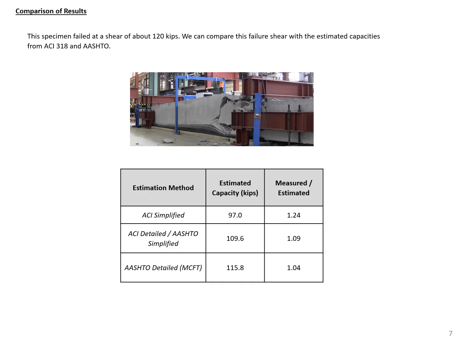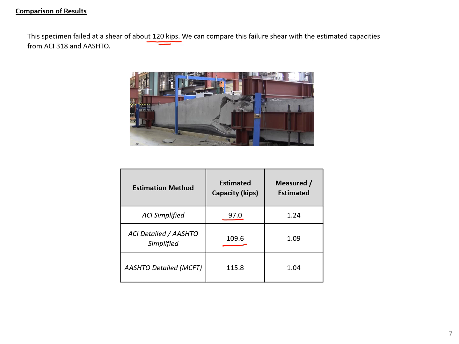We can then compare our actual shear capacity with our estimated shear capacity. We saw that our section failed with a shear of about 120 kips, and our estimated shear capacity using our simplified procedure was about 97 kips. Using the detailed ACI method, it was about 109.6 kips.